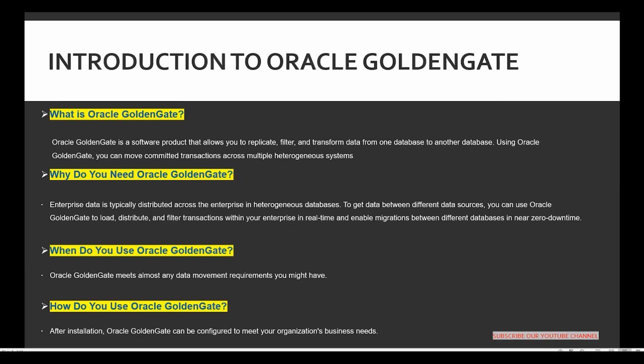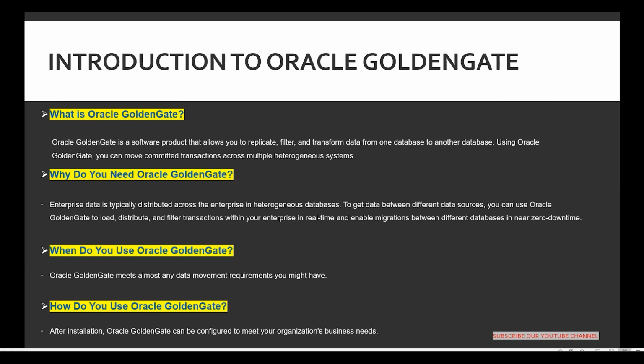For example, we have one database in one data center, and another database running at a remote location in a different data center, and we want to perform replication between them. There are various utilities that you can use, but Goldengate is one of the finest and most useful products for data replication.